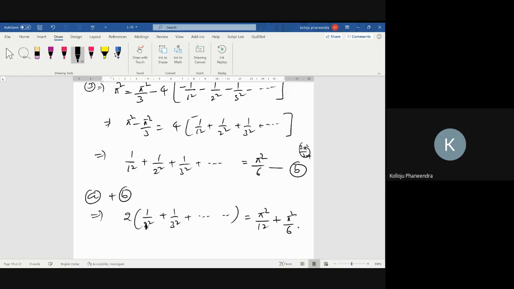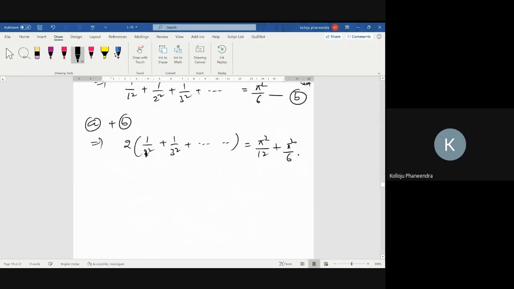Is it correct? This implies 1 by 1 square plus 1 by 3 square, and so on, equals 3 pi square by 12, pi square by 4, and divided by 2 here, pi square by 8. This is another one. You know this result already. Pi square by 8.